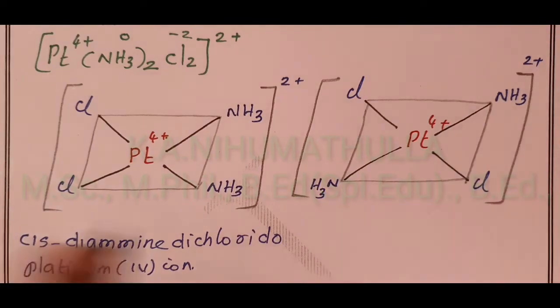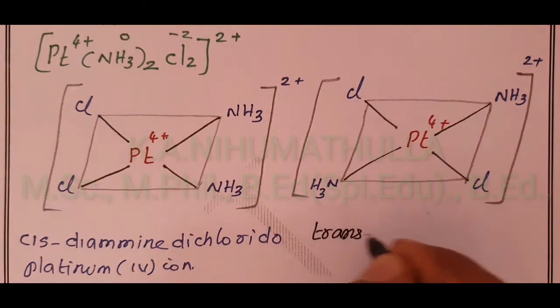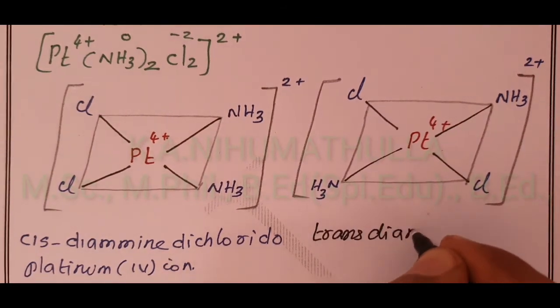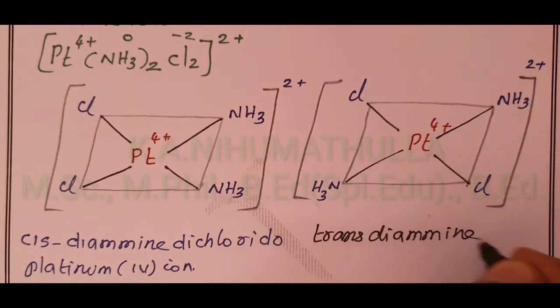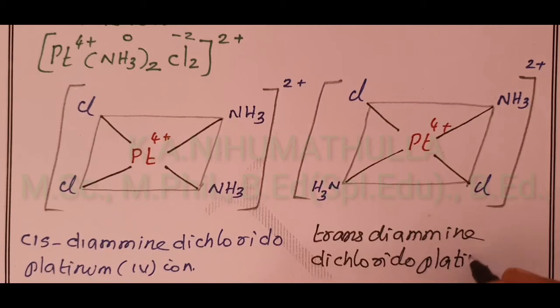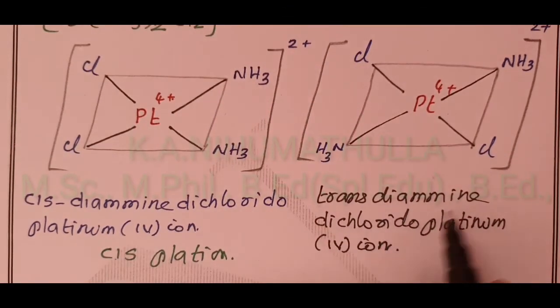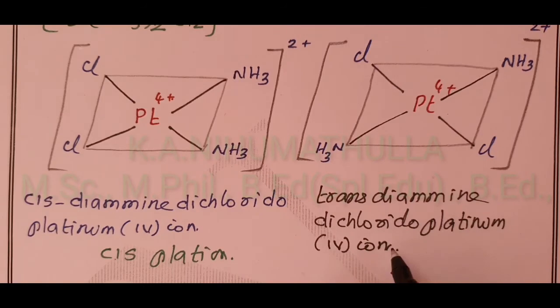The name of this complex is trans diamine dichlorido platinum 4 ion.